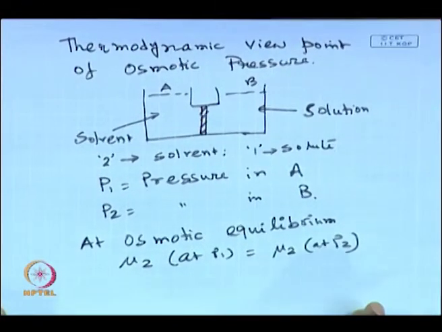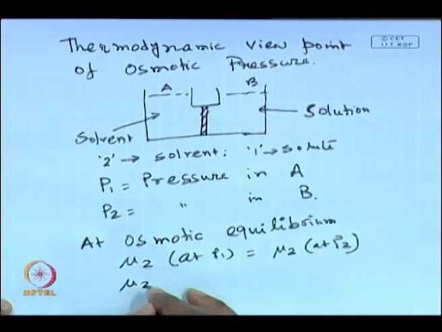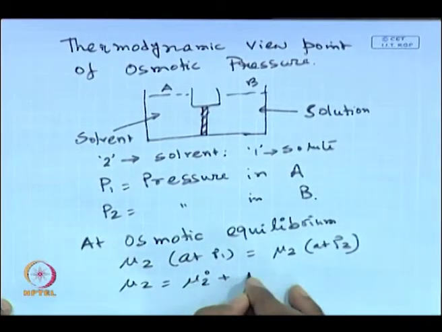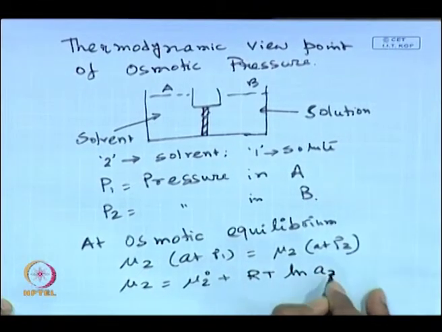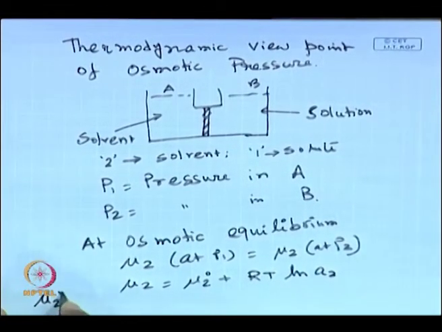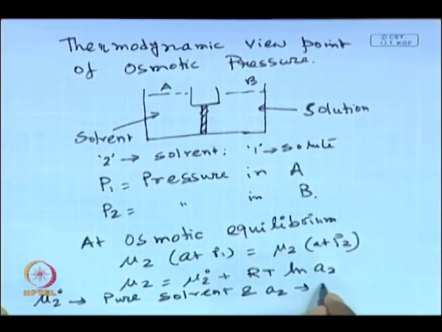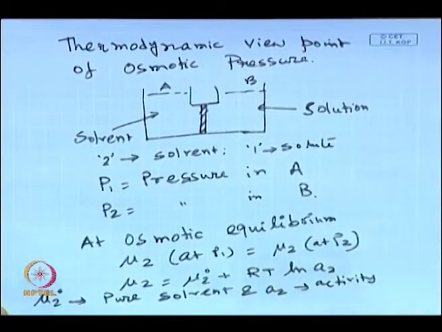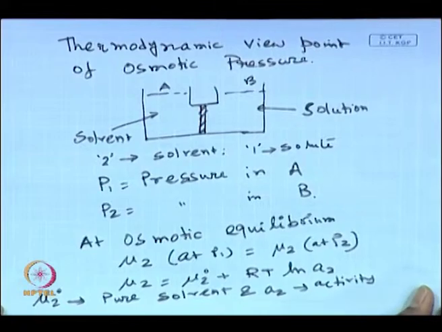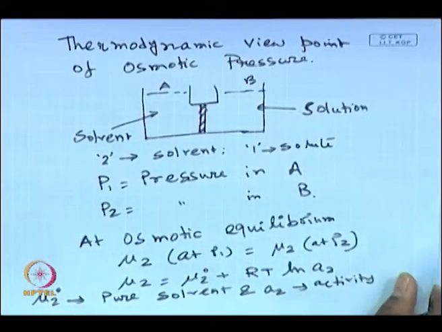Now, this equation can be written as mu 2 is equal to mu 2 naught plus RT ln A2, where mu 2 naught is the chemical potential for pure solvent, and A2 is the solvent activity. Now, we do a hypothetical experiment. What do we do? In one of the cells we put some sodium chloride, okay, and see what happens.